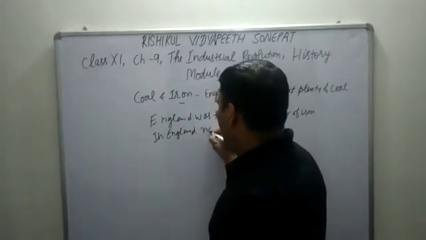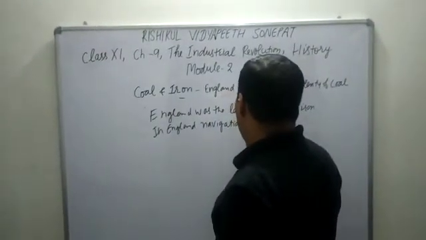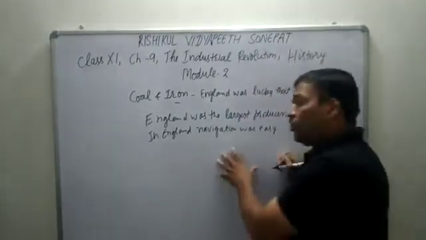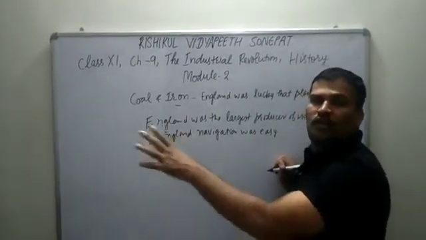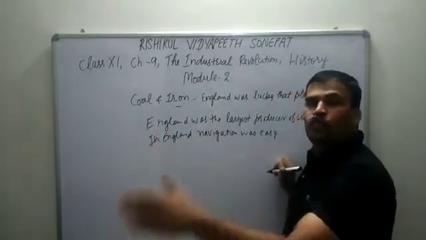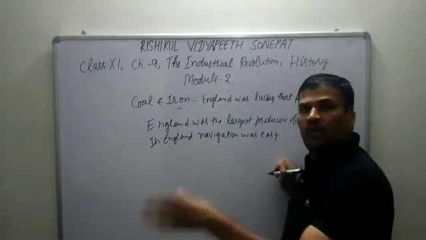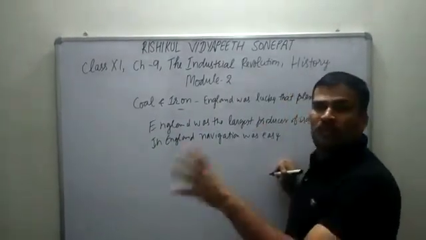In England, navigation was easy because many of the cities were very near to the seas or rivers, and coal could be sent from one place to another very easily. Due to this, there was no stoppage of work.